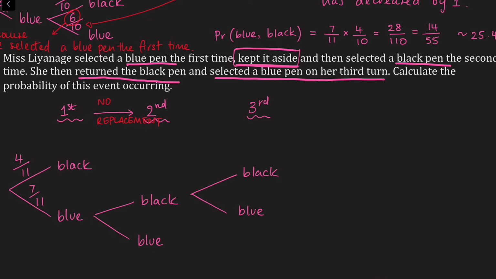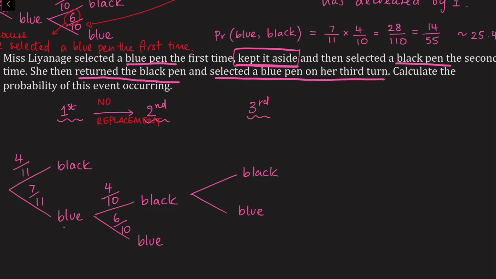Now we know when no replacement has happened, our total number of pens to choose from decreases. So now I have 4 out of 10 black pens to choose from, or I have 6 out of 10 blue pens to choose from. Again, the reason being that the first time I selected a blue pen, which means my total number of blue pens to choose from out of my container will now decrease.